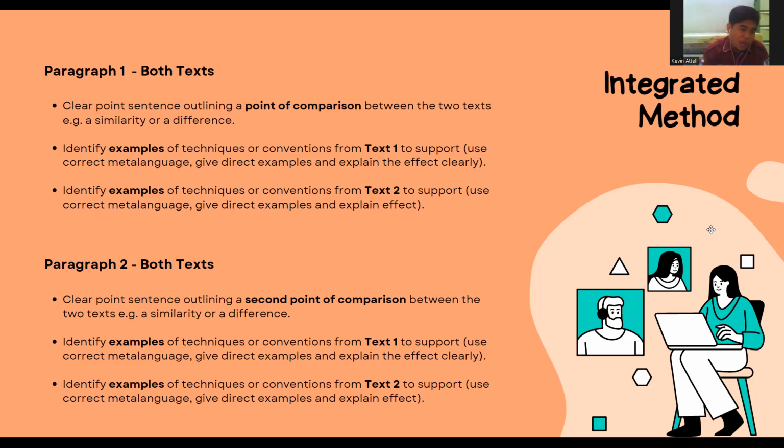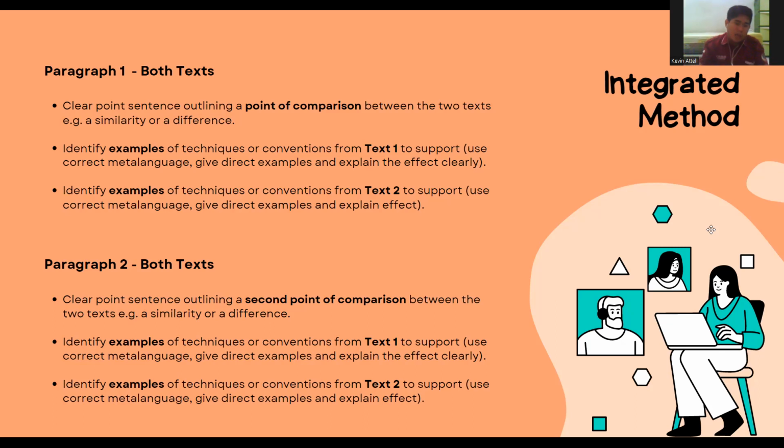We have to identify examples of techniques or conventions from text 1 to support and to use correct metalanguage and give a direct example and explain the effects clearly. The third is we have to identify the example of techniques or conventions from text 2 to support. We have to use, again, correct metalanguage, give a direct example, and explain the effects.